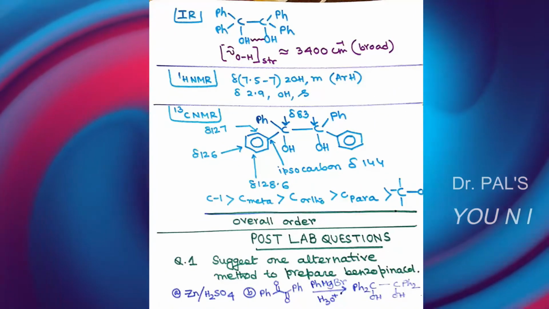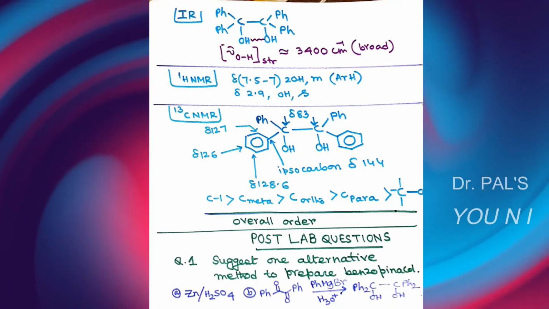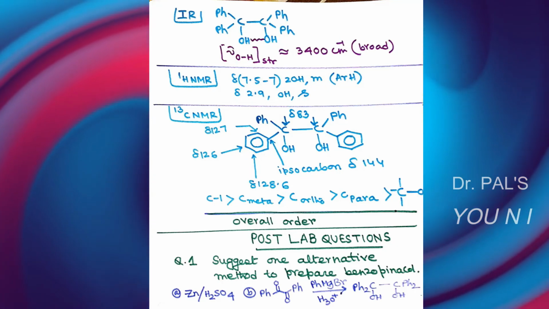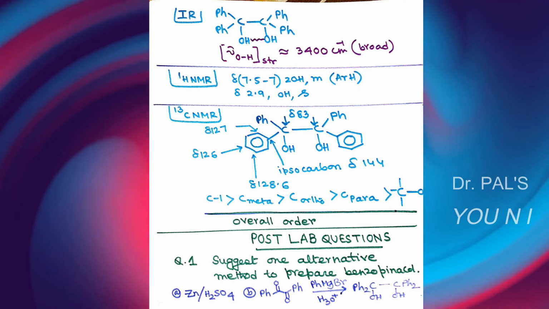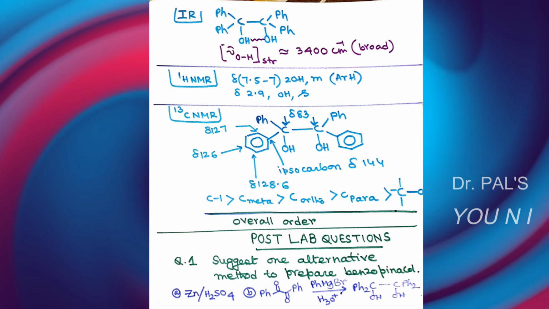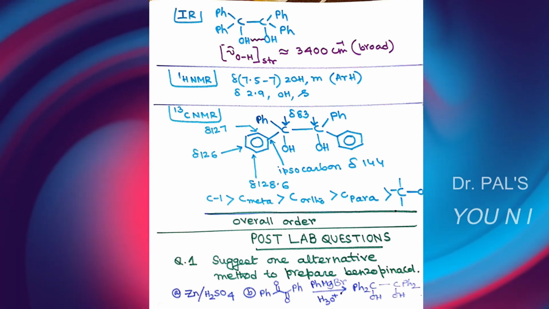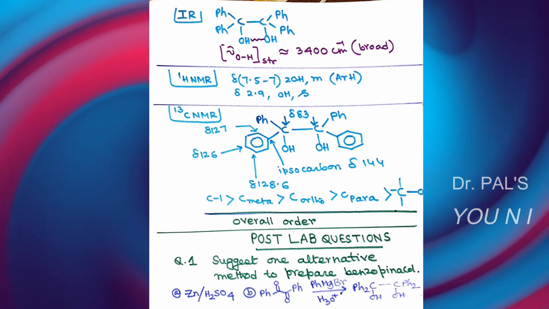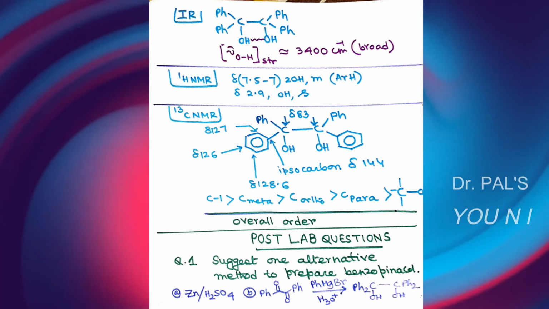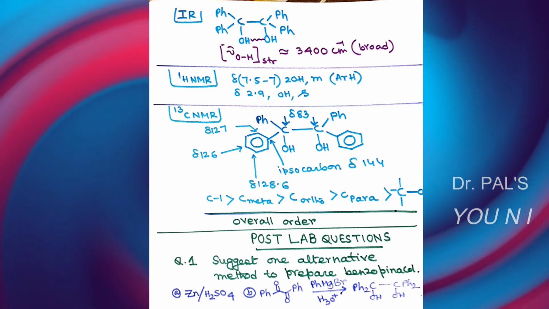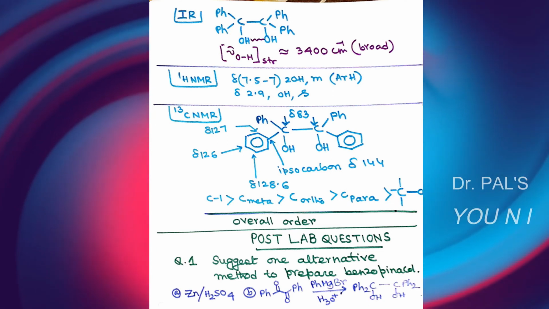Now coming to the IR spectrum of this product benzopinacol, it is very clear that the substrate benzophenone contains C=O, but the product does not contain the C=O. So the peak at nu bar 1700 cm inverse will not be there here. The disappearance of the peak at 1700 cm inverse also indicates the completion of the reaction, which we are getting from the TLC.